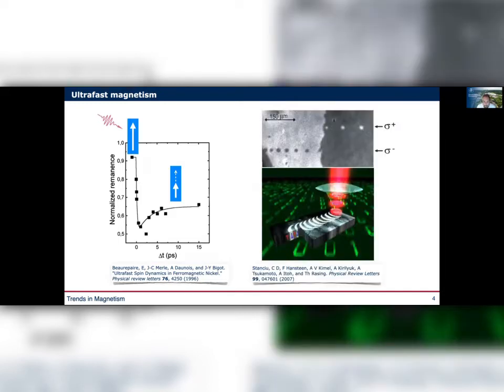And of course, this was a quenching, but what we really want for technology is to be able to write information with light. This was shown about a decade later, and that's represented here, where you can see two magnetic domains, white, let's call it pointing up, and black pointing down.